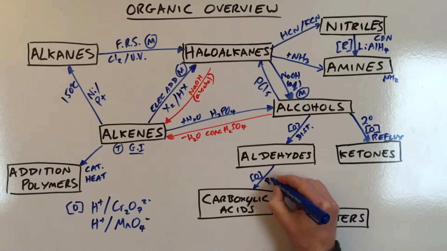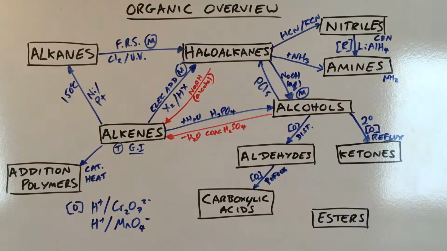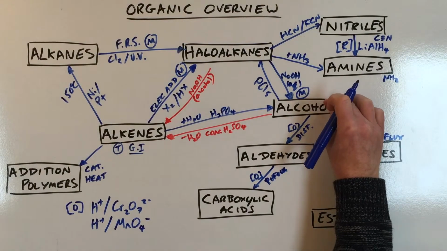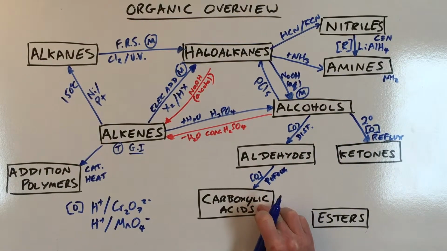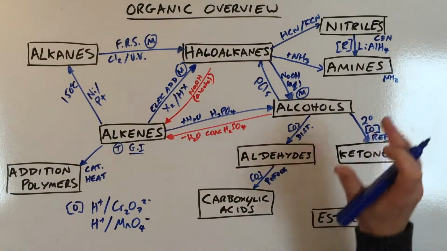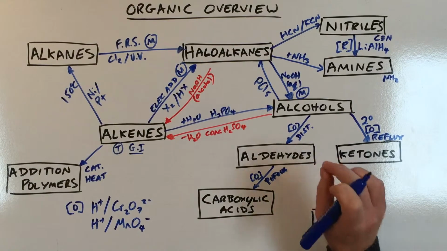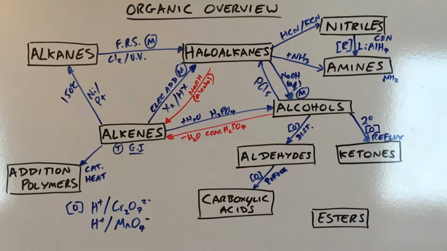So if we wanted to oxidize that alcohol all the way to carboxylic acids, we just reflux it, bypass the aldehydes, and jobs are good. But if we want to isolate the aldehyde, then we would have to distill it.